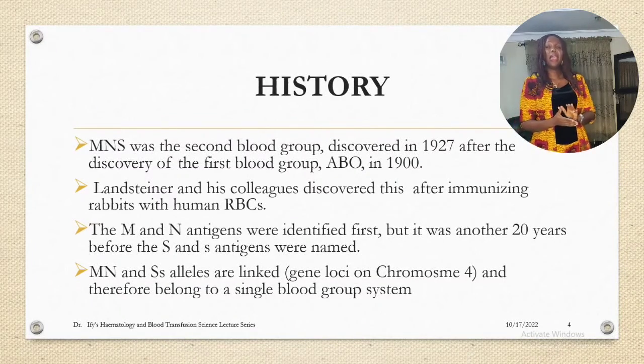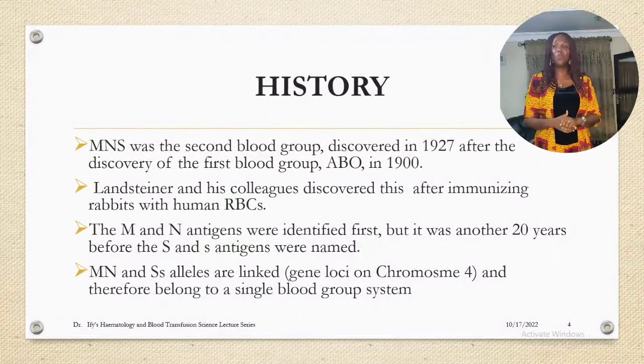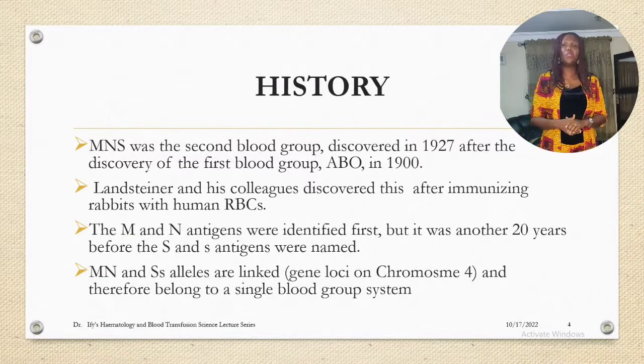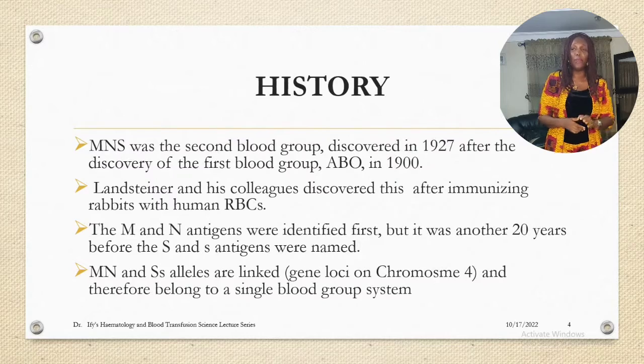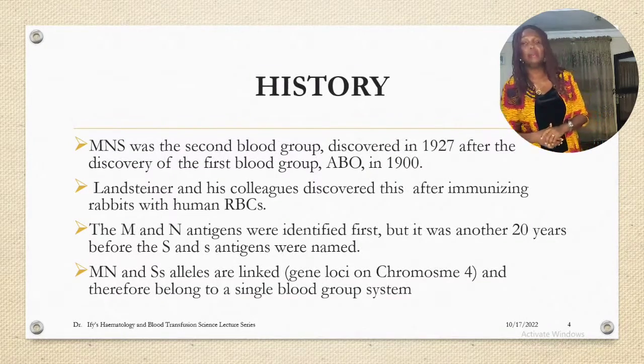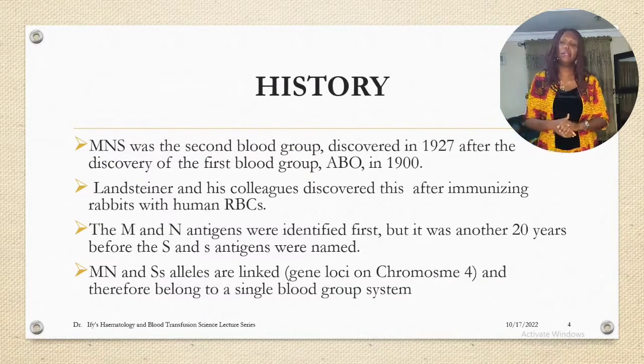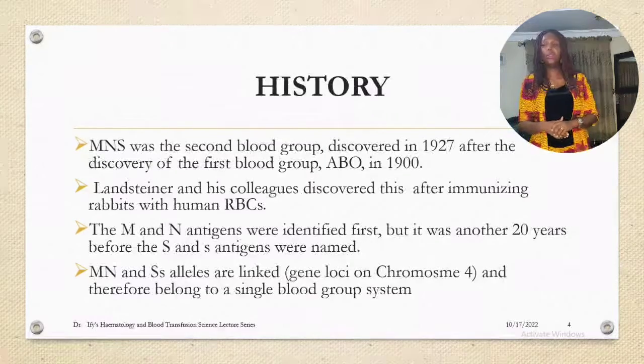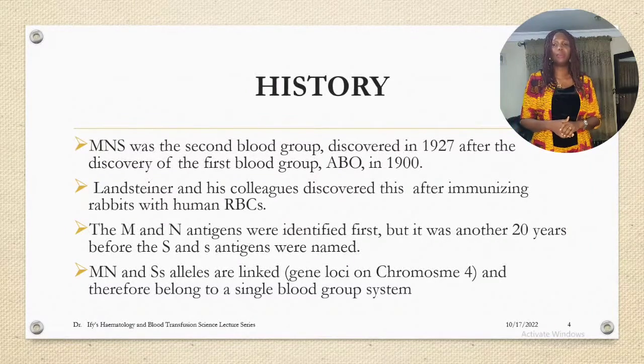History. MNS was the second blood group discovered, in 1927, after the discovery of the first blood group, the ABO blood group system, in 1900. Landsteiner and his colleagues discovered this after immunizing rabbits with human red blood cells.